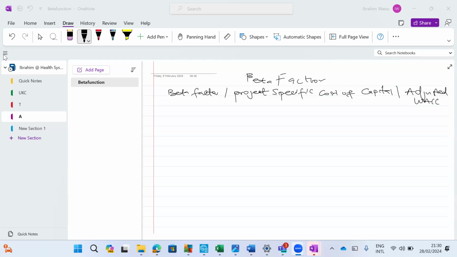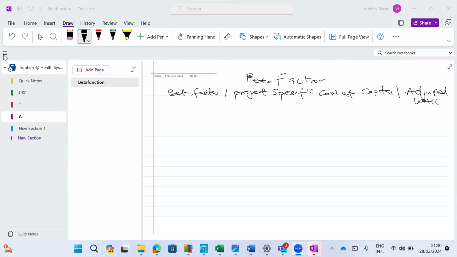Okay, so when I say business risk is constant, let's get it right, so that on this topic you now have the true picture of what you're actually doing here. When I say business risk is constant, it means whatever business risk you are facing now won't change.